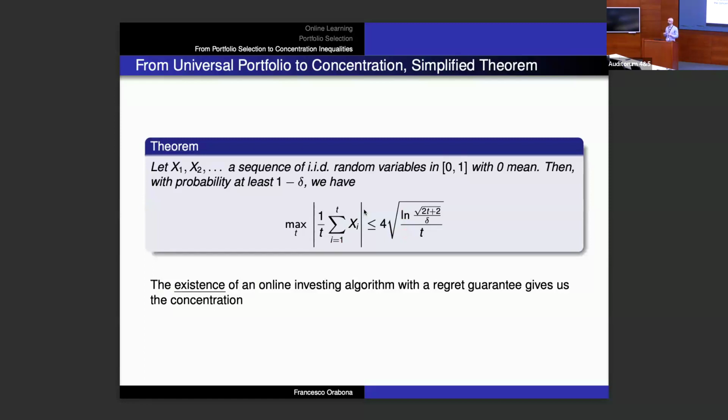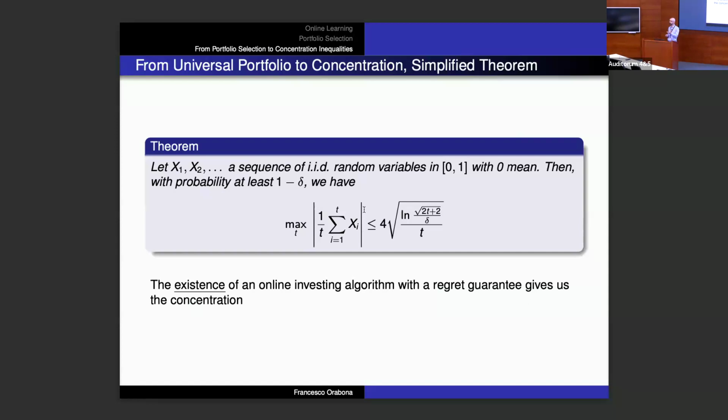Okay. So this might seem like a magic trick, but let me tell you what the idea behind this is. We basically proved that the existence of an online investing algorithm that guarantees you a regret implies, immediately, the concentration inequalities.